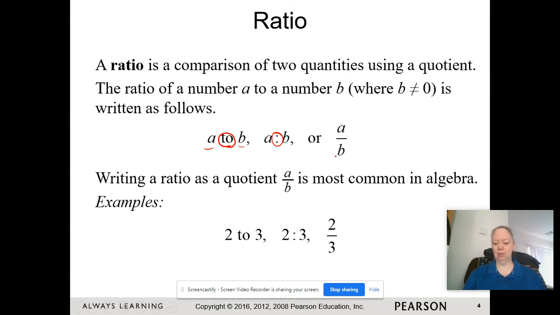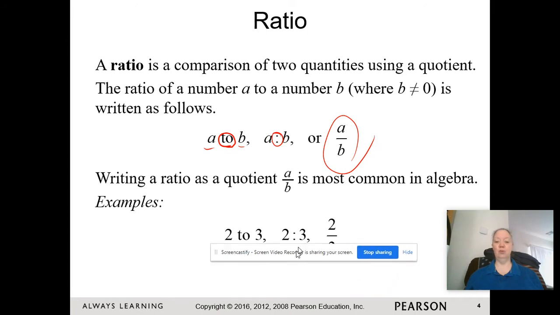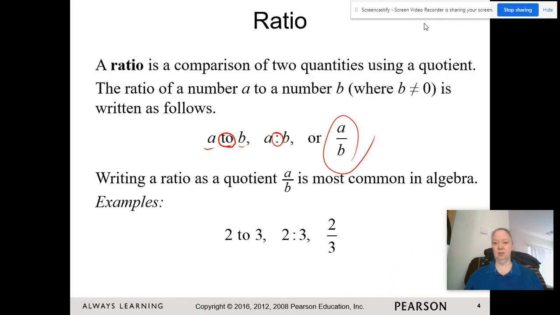In math, we generally choose the fraction method of writing. So, for example, I could say 2 to 3, or 2:3, or 2 over 3. It all means the same thing.